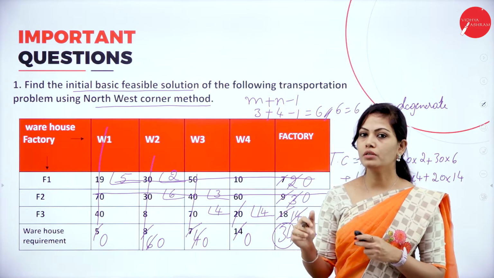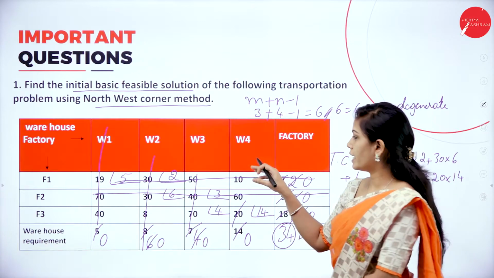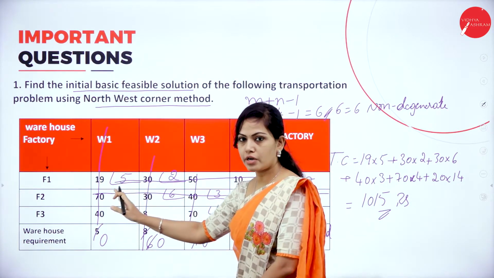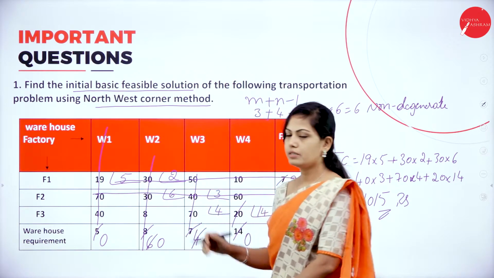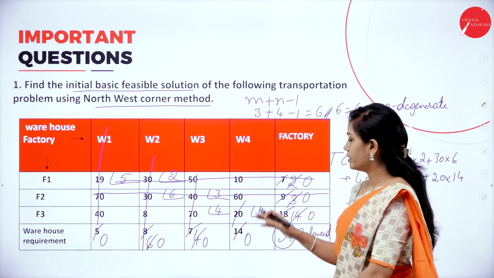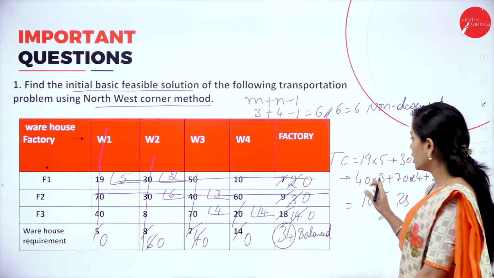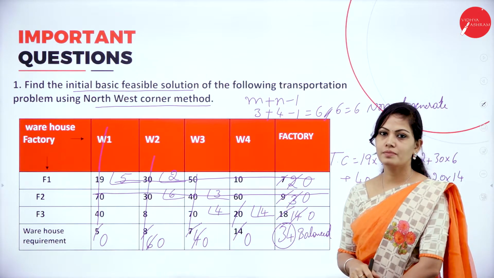So this is about your northwest corner method. First you select the north corner cell or left corner cell, then you implement this. And then finally you consider all the allocated cells and find out the total transportation cost.